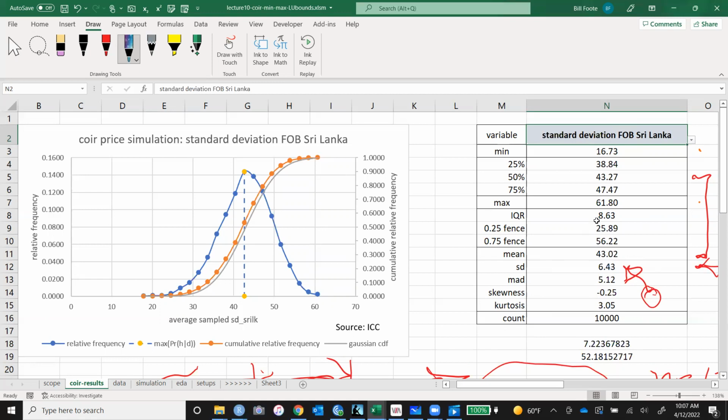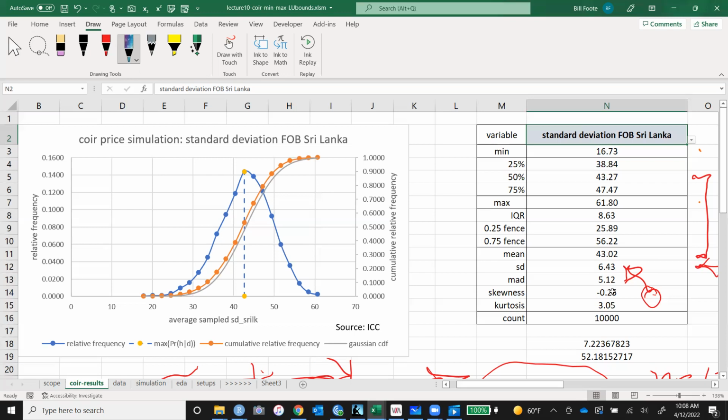Here's a Tukey way from, a standard deviation of 8 to 56. Now that's a fairly, of 25 to 56 rather, only 8 in the middle. There's only a range of 8 here, and that's kind of kurtotic. But the kurtosis, notice, is only 3 with these averages, which means it's mesokurtotic, which means it acts like the thickness of tails associated with the normal distribution.